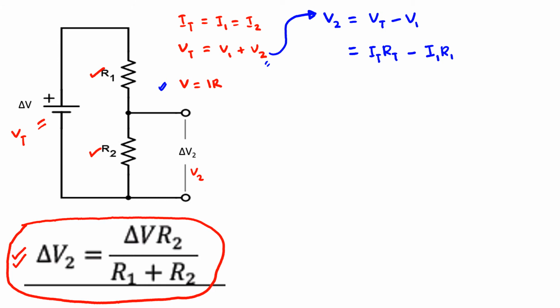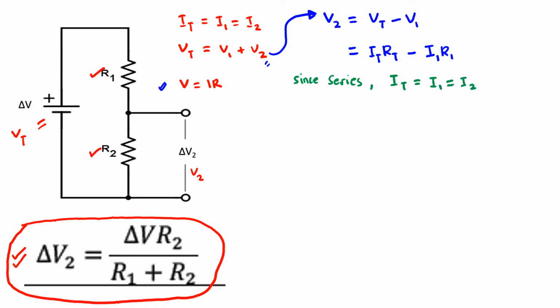Since R1 and R2 are connected in series, the total current is equal to the current that passes through the first resistor, and that is equal to the current through the second resistor.